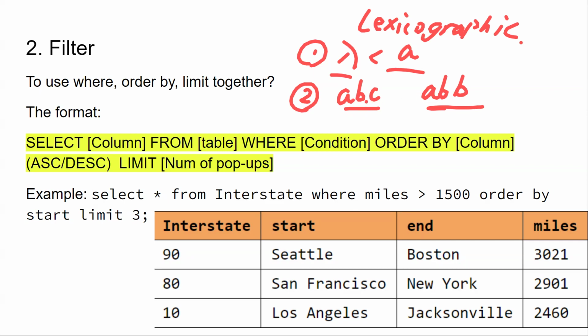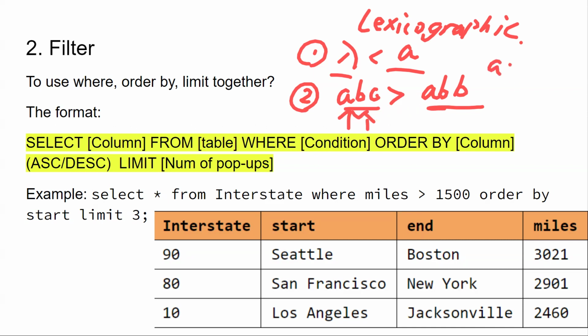Suppose A is A, B is B, and we use the ascending order of the English alphabet, because C comes later than B. So C will be greater than B. For A and B, they are the same.